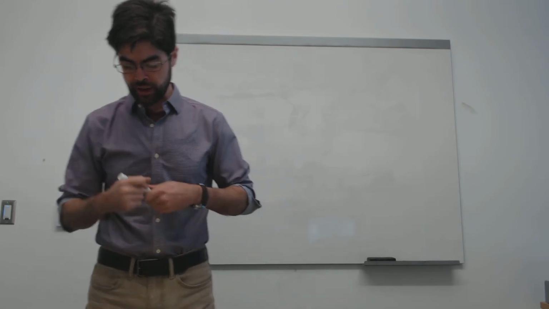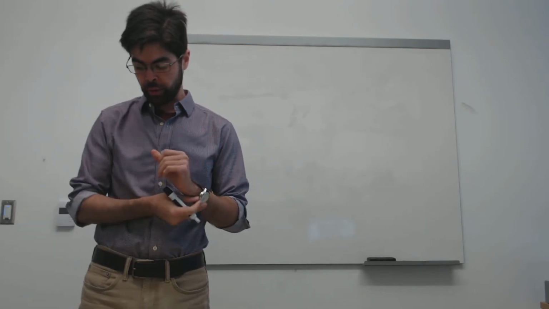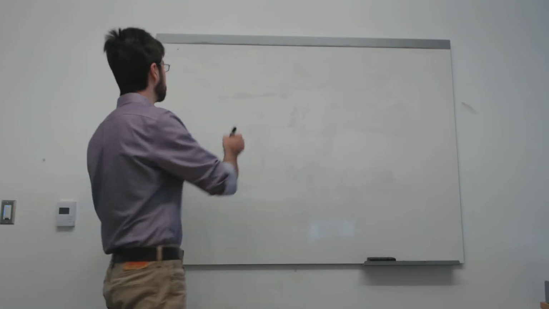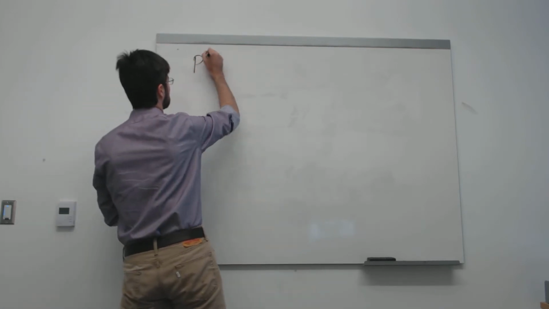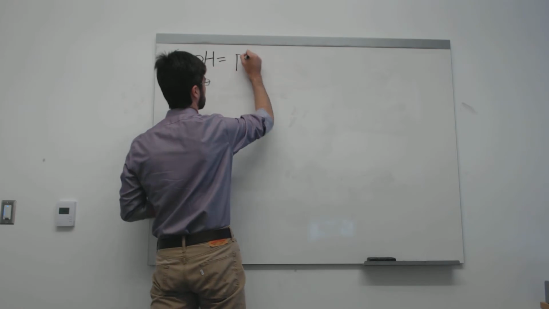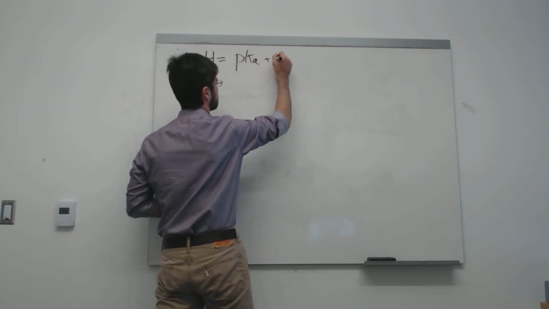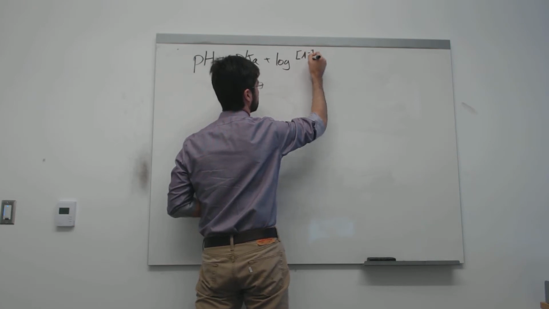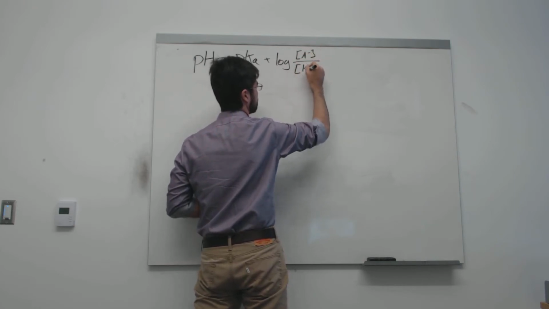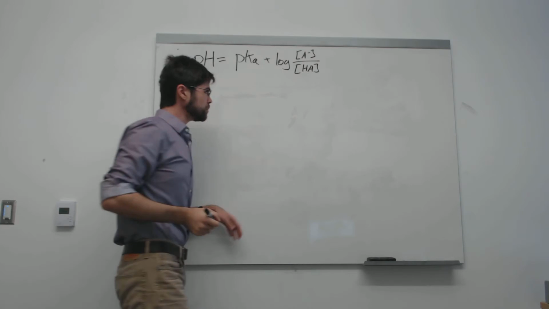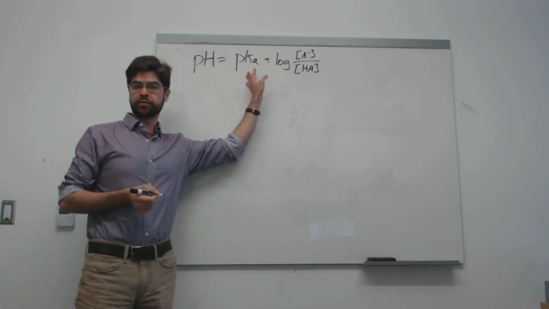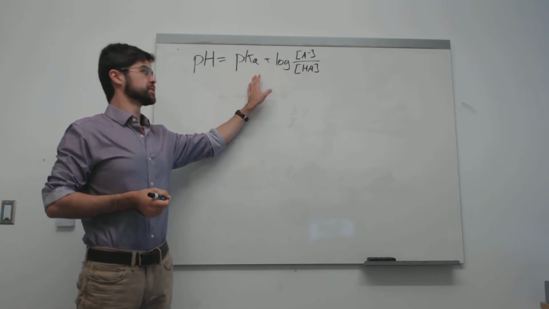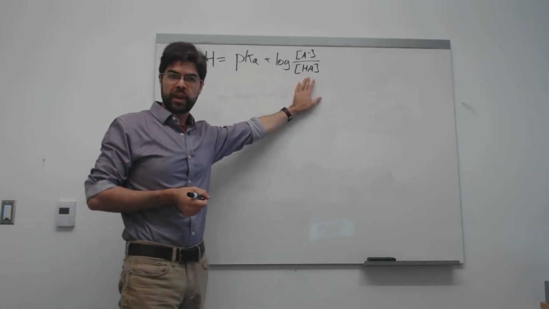It will change if you add weak acid, or if you add strong acid or strong bases. The pH of a buffer is given by the Henderson-Hasselbalch equation. So the pKa is referring to the negative log of the equilibrium constant for the weak acid.